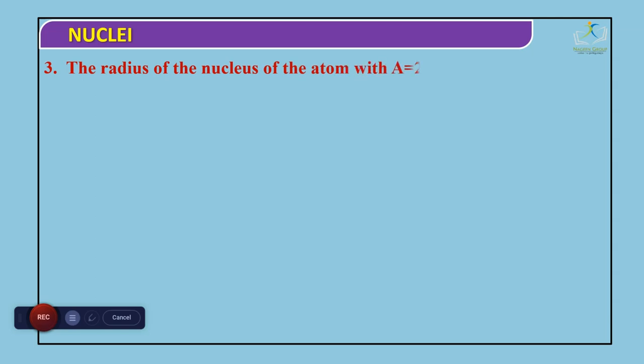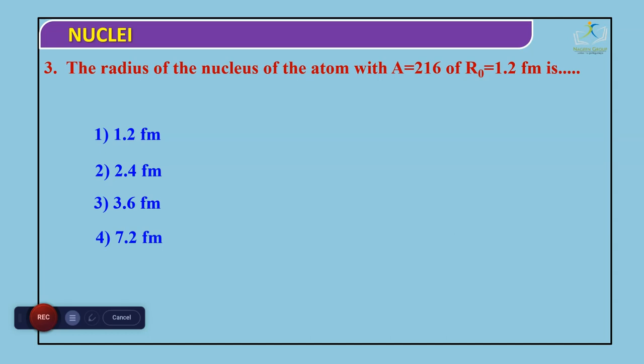Next question, we have the radius of the nucleus of the atom with A equal to 216, with R naught equal to 1.2 fermimeter. The options are 1.2 fermimeter, 2.4 fermimeter, 3.6 fermimeter and 7.2 fermimeter. Let's move with the solution part, students. R naught is equal to 1.2 fermimeter, A is equal to 216.